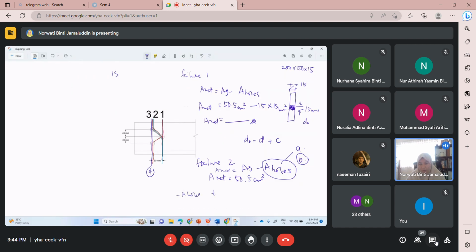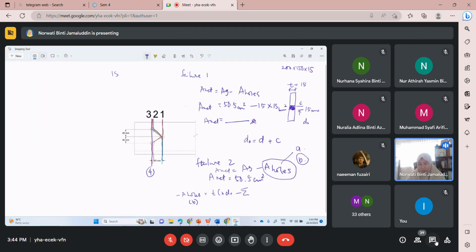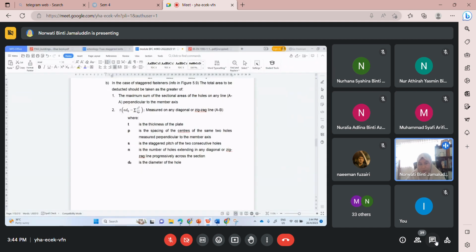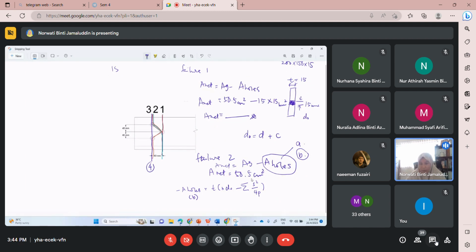The area of the hole is equal to, referring to the B case, t times the summation of n times D naught minus the summation of S squared over 4P. T, thickness, is 15. N is the number of holes. Failure line number 2 crosses 2 holes, so 2.